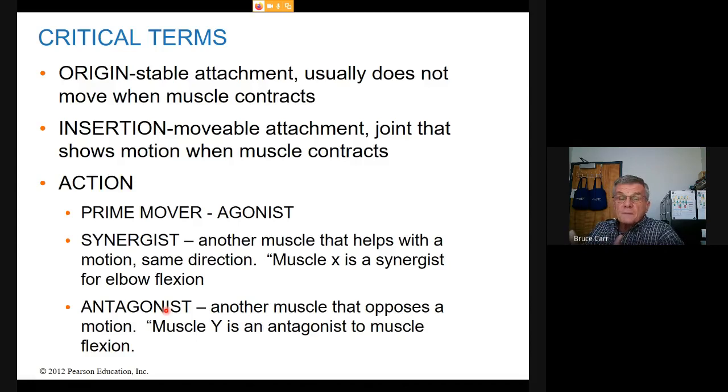So if we're thinking about the biceps brachii, a synergist is the brachialis or the brachioradialis. The antagonist is the triceps brachii, and it's the prime mover for elbow extension. So it's the one that pulls our forearm back to a straight position. We would say muscle Y is an antagonist to elbow flexion in this case.